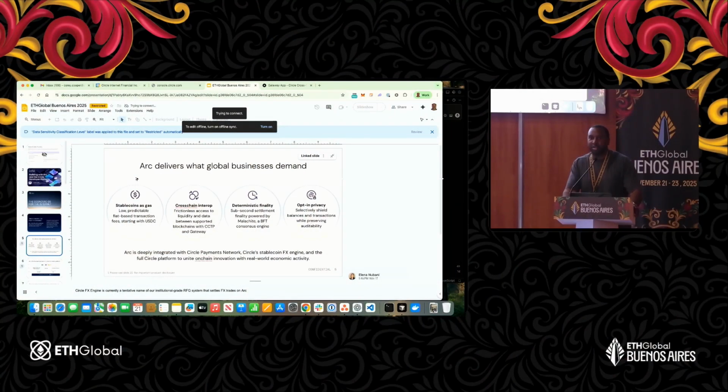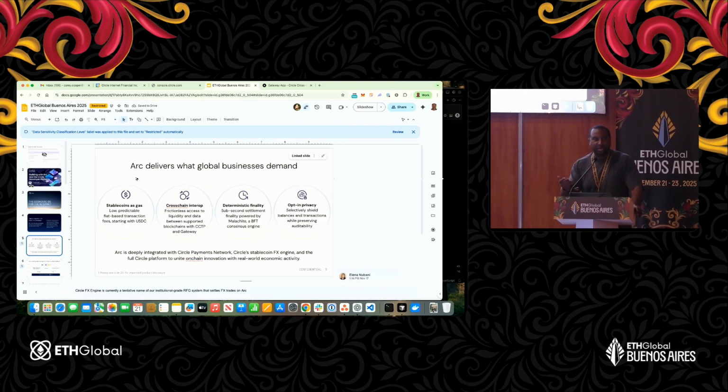So the first thing you'll notice is USDC is the native gas token. That means you can pay for gas fees with USDC. It makes for a great transaction UX if you are building a lot of programmable flows using USDC as the token of choice that your end user or business is interacting with.